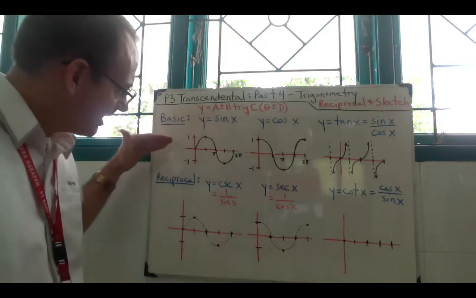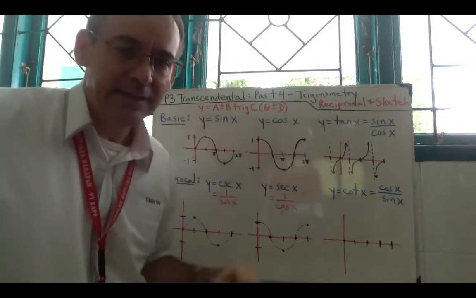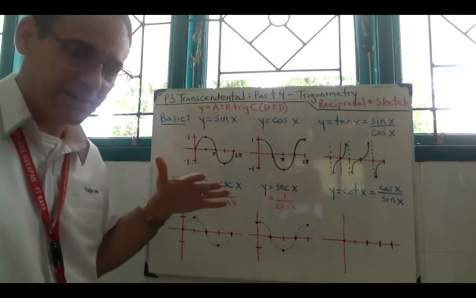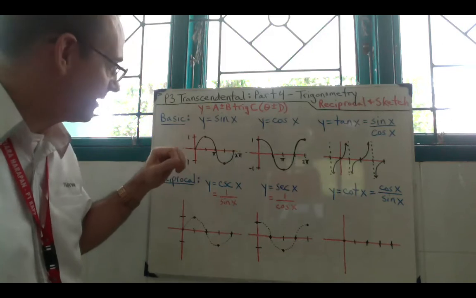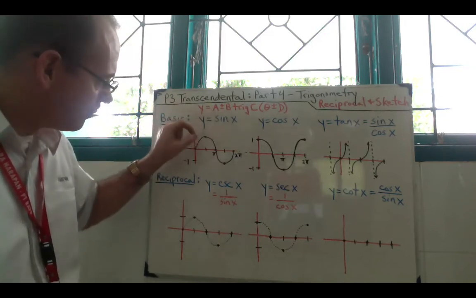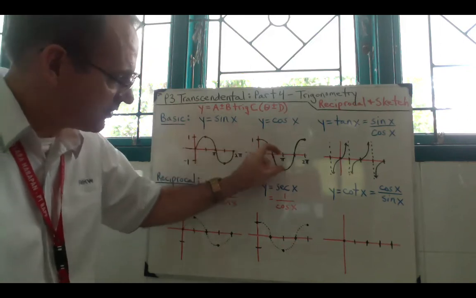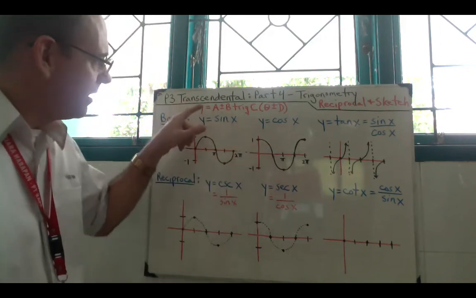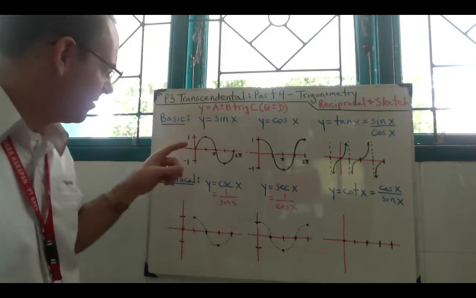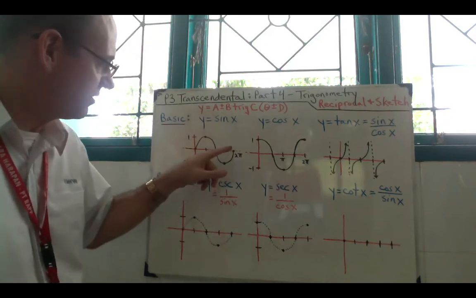The A is the center line that your graph is basically connected to. The B is your amplitude above and below the center line. The positive or negative has to do with the direction. So this is the positive one.